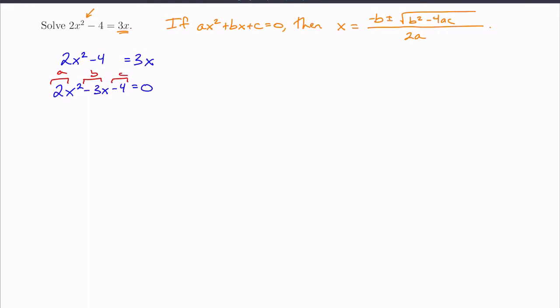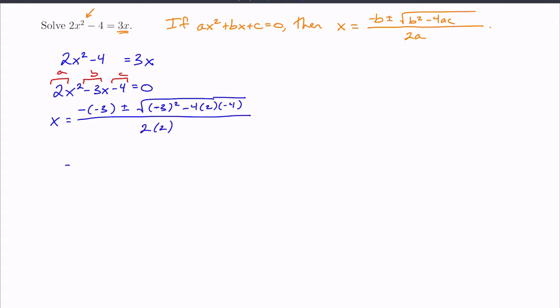So when I go to set up the quadratic formula, I will have x equals the opposite of negative 3 plus or minus the square root of, in parentheses, negative 3 squared minus 4 times 2 times negative 4, and all of that over 2 times 2.